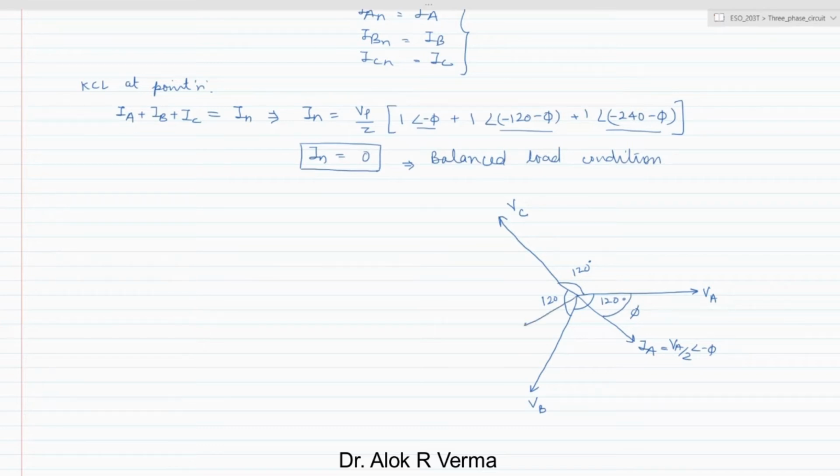Similarly, we'll have IB. This is phi, which is 120 minus phi in this direction. Then we'll have a current IC, and this angle is also phi. So this is a phasor diagram. If you want to calculate the line voltages, then you can have VAB, which is... so VA, VB and VC are the phase voltages.